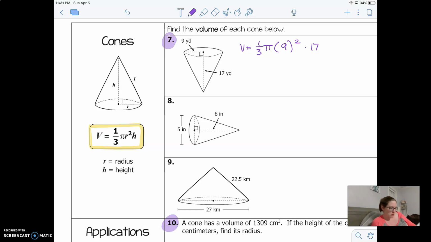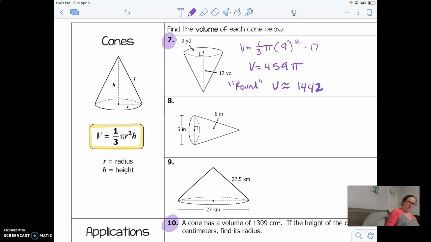Math is so fun. I didn't type that right. Divide by 3. Okay, and you should get, in terms of pi, the volume is 459 pi. And then if it says to round your answer to something, that would be 1,441.